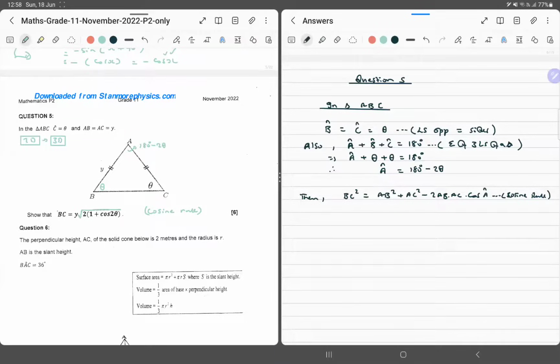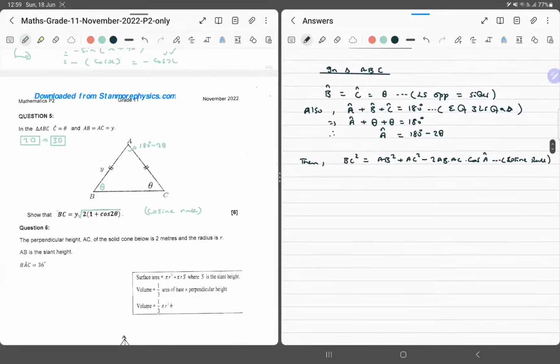Okay? Please identify your stuff. Don't be a hooligan. It doesn't help to be one. And let's substitute. This is y squared plus y squared minus 2 into y into y, cos A is 180 degrees minus 2 theta. Okay, so we're doing fine.